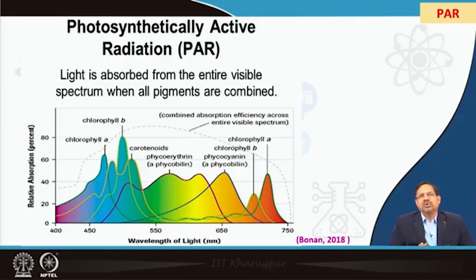The rest of the energy is not utilized for photosynthesis; only this part of the electromagnetic spectrum, in the visible range, participates in the process of photosynthesis, and that is why the radiation received in this part is called photosynthetically active radiation, abbreviated as PAR.